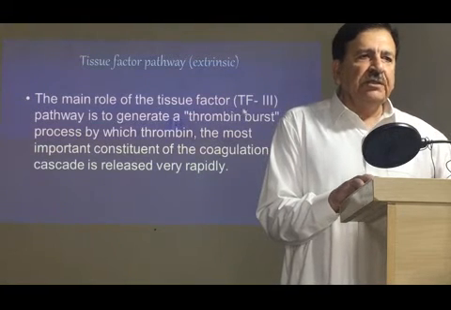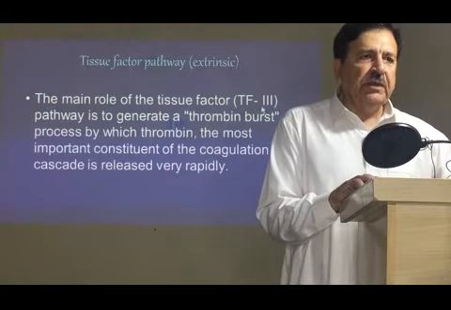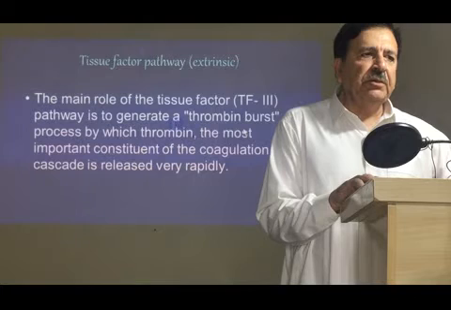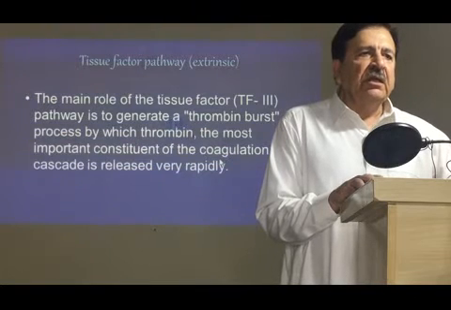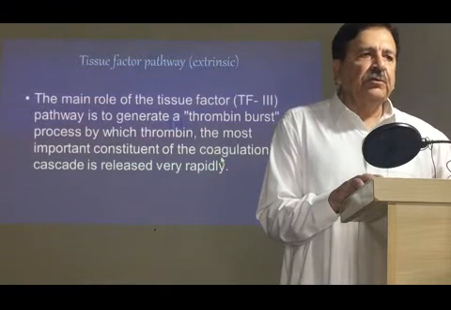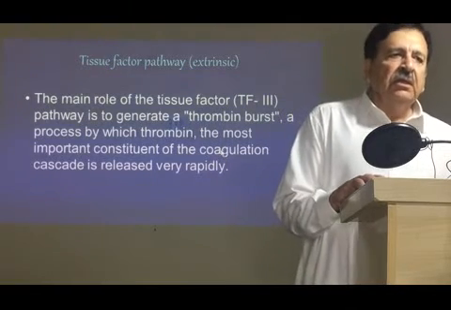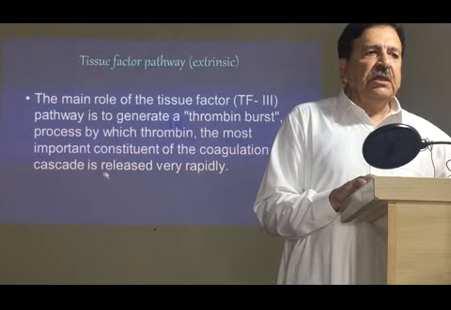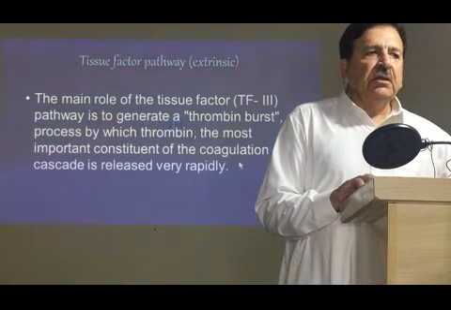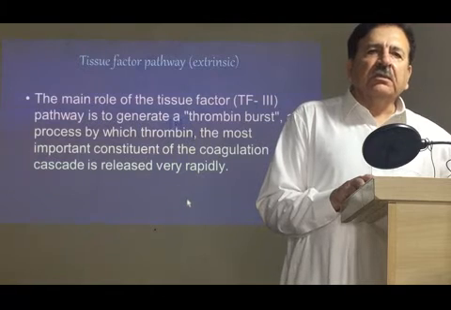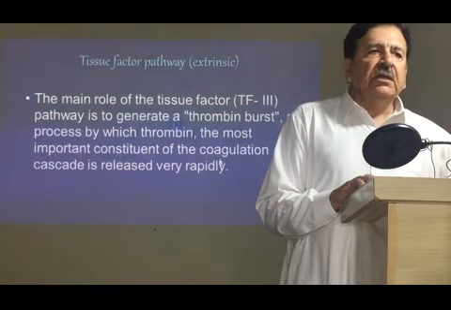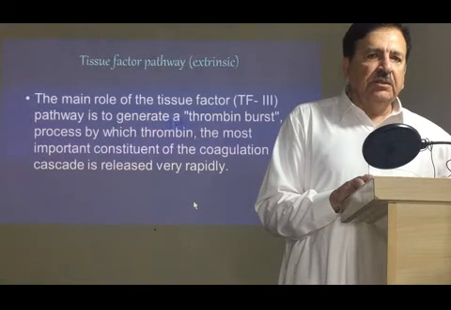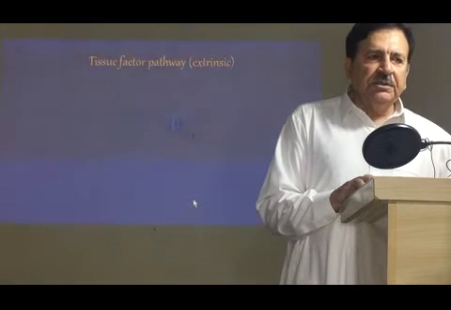When there is tissue damage, this tissue factor or factor 3 is released and it generates a thrombin burst, which means that they activate or produce thrombin in large quantity, and thrombin is an important constituent of the coagulation cascade. So, when there is injury, a large amount of thrombin is released.